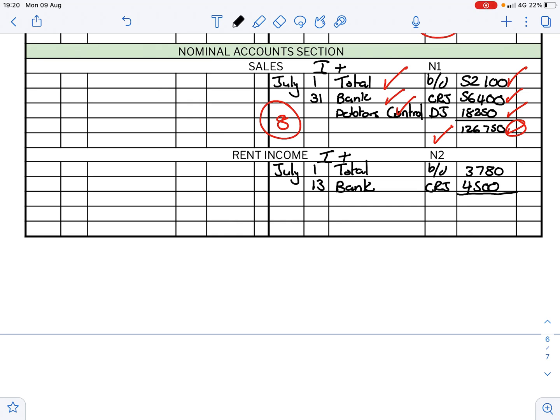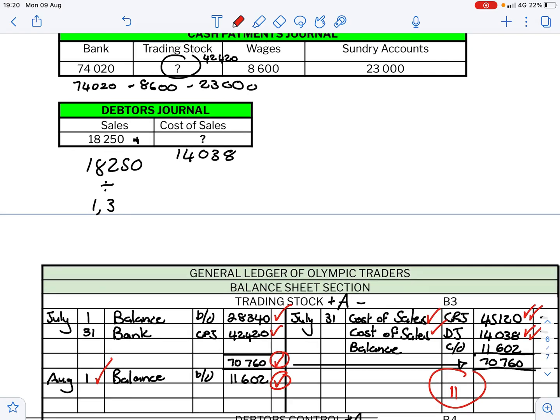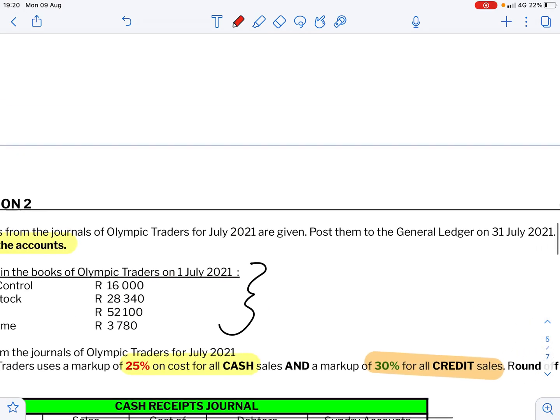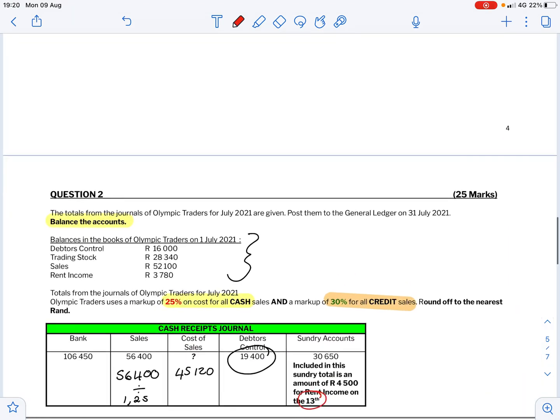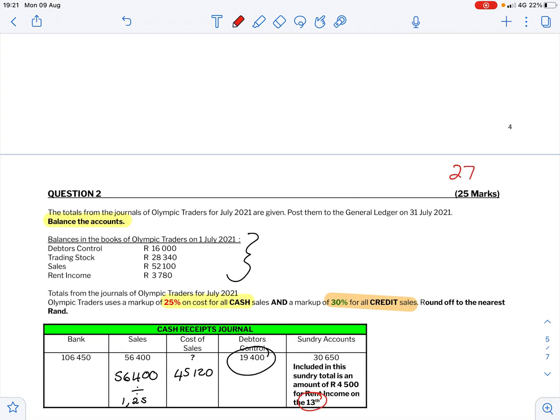We then need to total it up, and it should leave us with 8,280 Rand. Okay, our marks were for pulling through our correct figures, leaving us a total of 3 marks in our rent income account, meaning that question 2 was in actual fact out of 27.